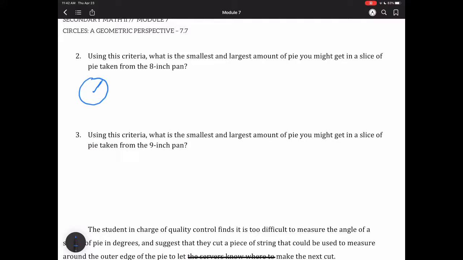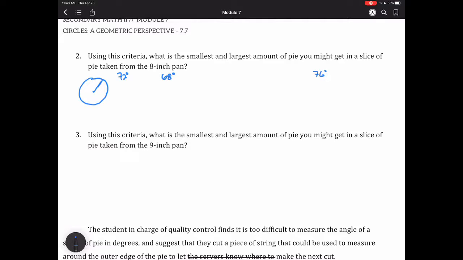However, what might happen if we get the smallest slice that's acceptable? If each slice should be 72 degrees but we have plus or minus 4 degrees, the smallest piece of pie could be 68 degrees, and the largest could be 76 degrees, okay?